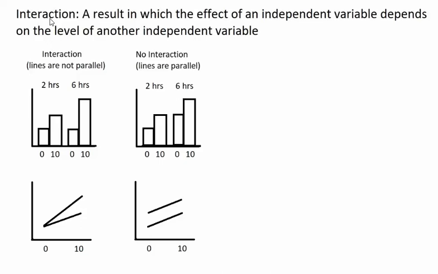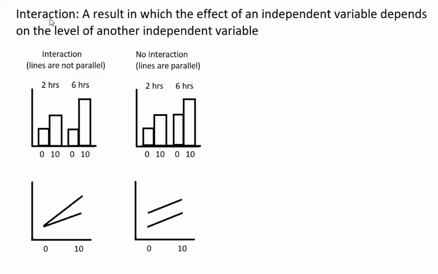So in this case, the sleep hours is interacting with the effect of study hours, because sleep hours is basically changing the effect of study hours. Because when sleep goes from 2 to 6 hours, that causes the effect of studying to become larger.